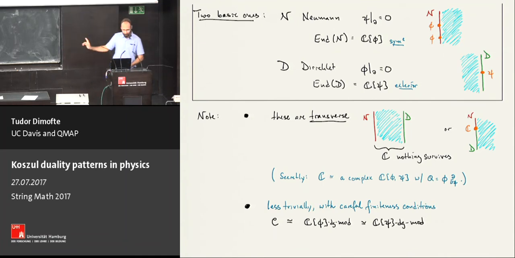Now, I should say, secretly, this copy of C is coming about as the cohomology of a complex that's built out of operators on N and operators on D with a suitable differential.